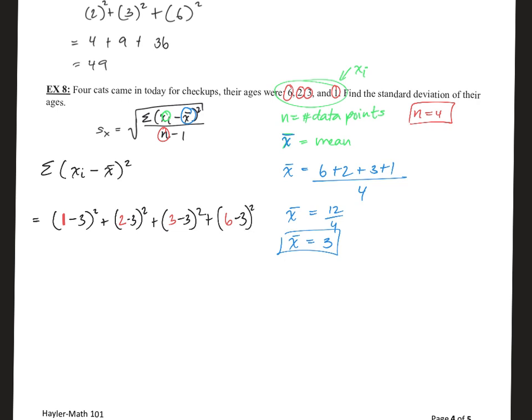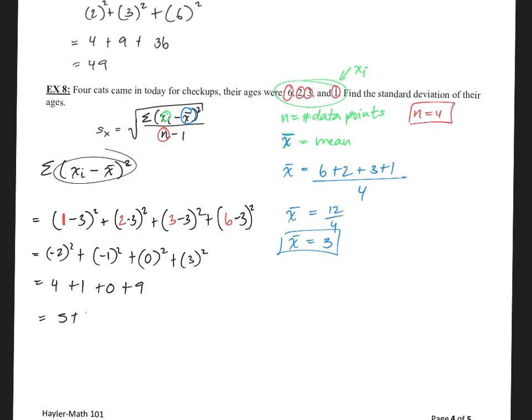Okay, because remember, our formula tells us to subtract the mean from our value and square it. So then we have negative 2 squared, plus 2 minus 3, negative 1 squared, plus 3 minus 3, 0 squared, plus 6 minus 3, 3 squared. So that's 4 plus 1 plus 0 plus 9. 5 plus 9, which is going to equal 14.